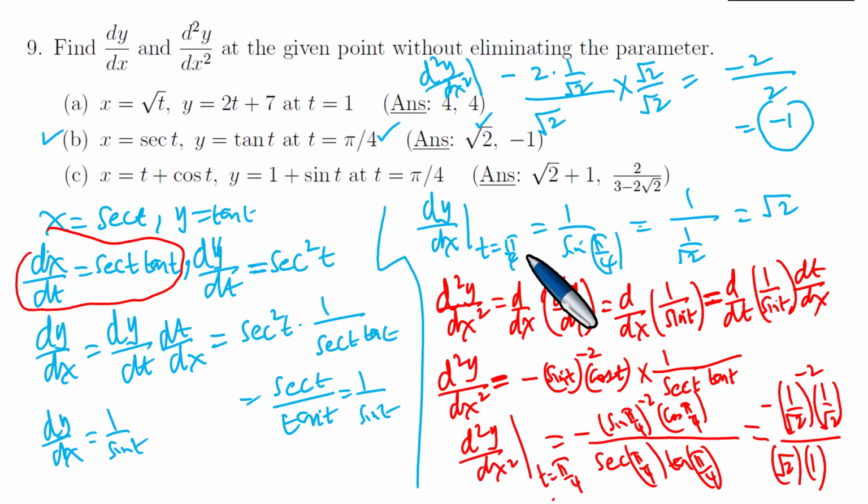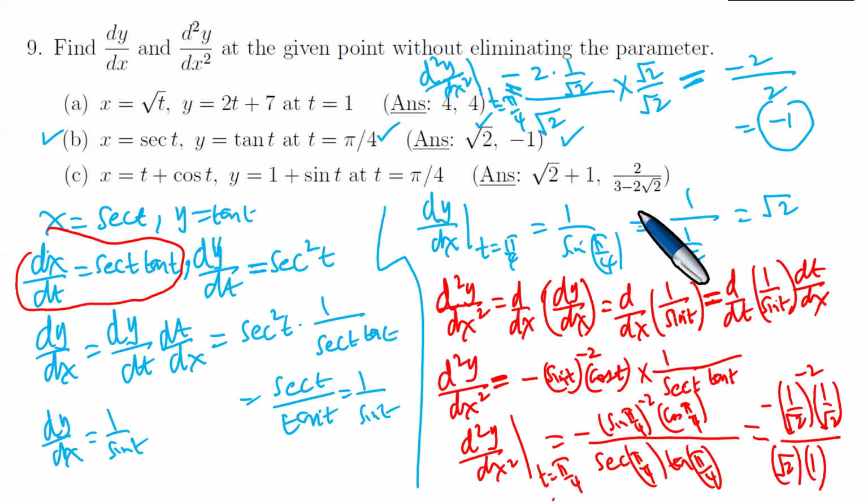If you do this one at t equals pi over 4, the answer therefore becomes minus 1.